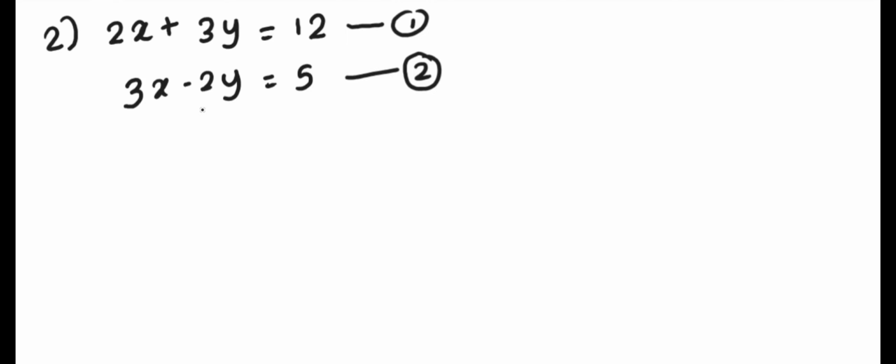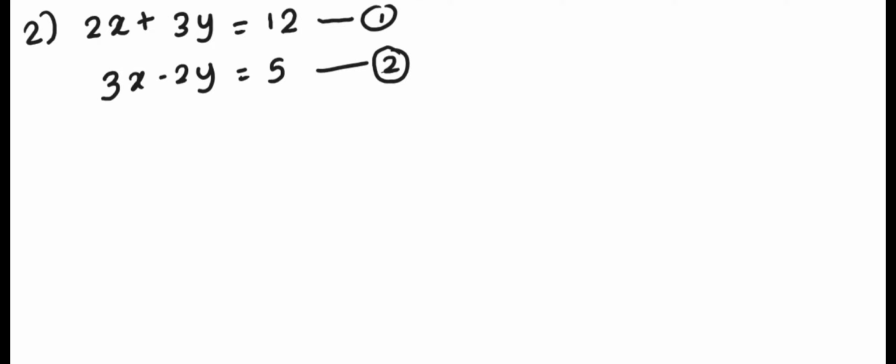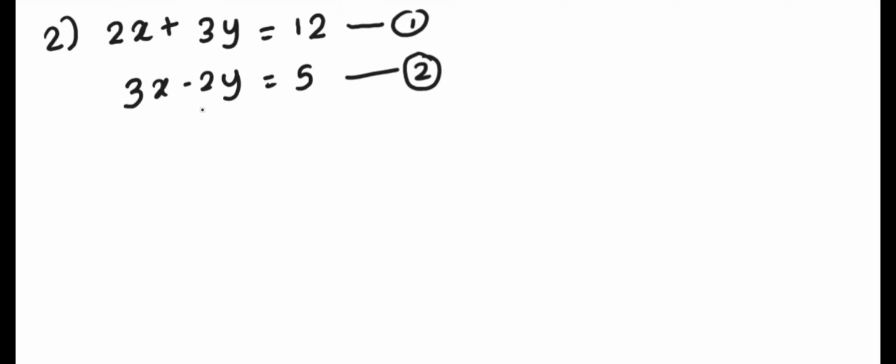So we need to get the coefficients equal. I have chosen x as the eliminating variable. Here I'm going to multiply the first equation by the coefficient of x in the second equation. What is it? It is 3.